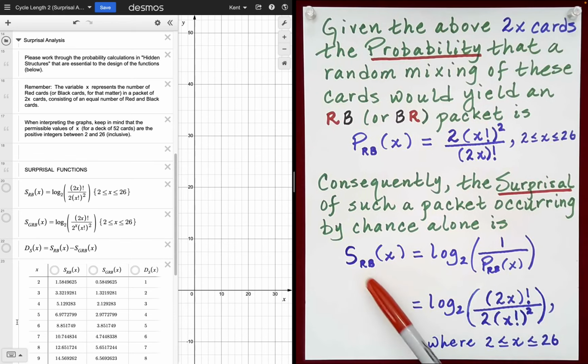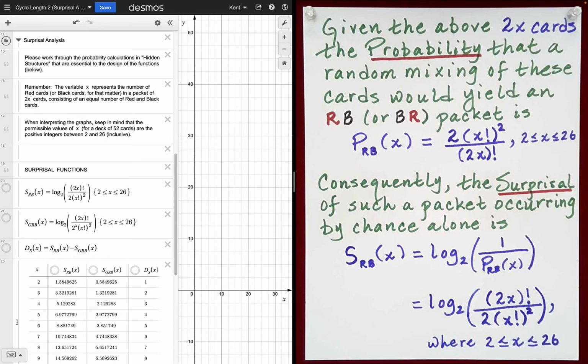And that's found by simply calculating log base 2 of 1 divided by the probability of that event occurring. So here we obtain the following, log base 2 of this quantity here, where once again, x is between 2 and 26 inclusive.